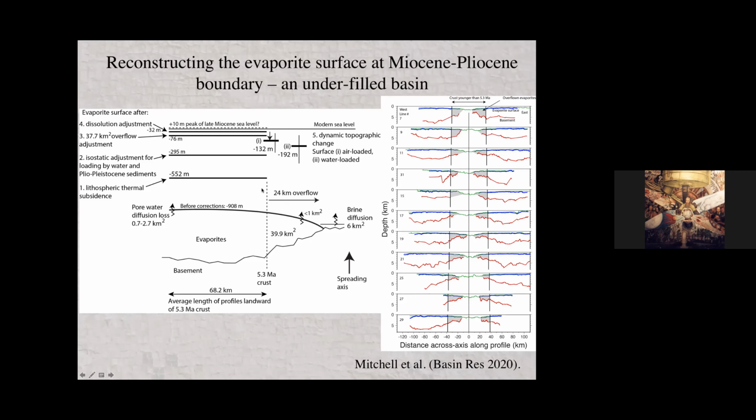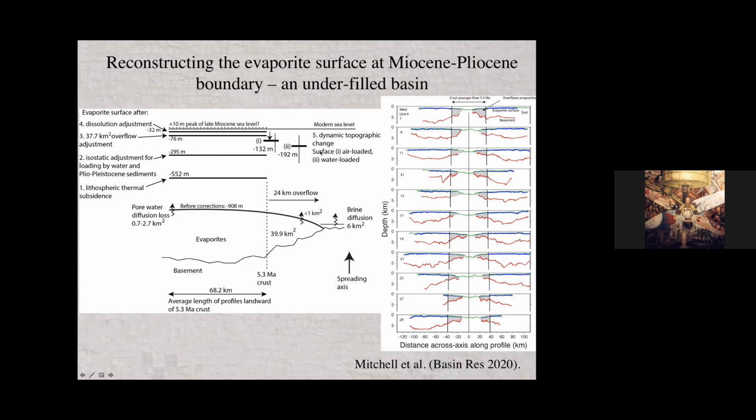So if we reverse that, you see that the evaporites could have been at a much higher elevation. There's another adjustment for dissolution. There's a reverse adjustment because the whole of the region has been uplifting. Arabia has been uplifting. We know roughly how fast that has been happening from uplifted coral surfaces.